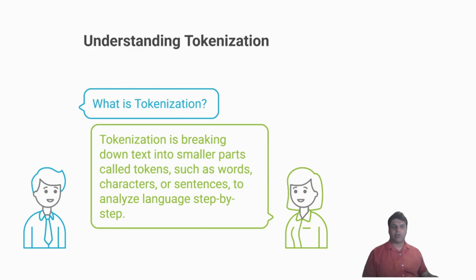Why is tokenization important? Imagine trying to work with a long paragraph. The computer wouldn't know where one word ends and the next begins. So tokenization gives a structure to raw text and makes it possible to perform frequency analysis, where we count the number of times words occur in the text, sentiment detection, and parts of speech tagging.